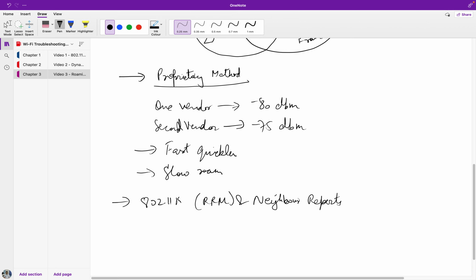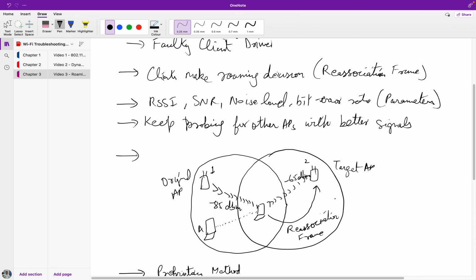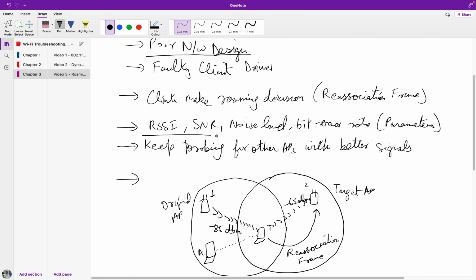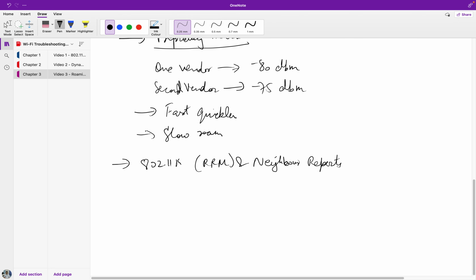Yeah, all these parameters along with the retransmissions are checked with all the neighboring APs, and a neighbor report is created, so that an informed decision can be made if the roaming has to really happen at that time.